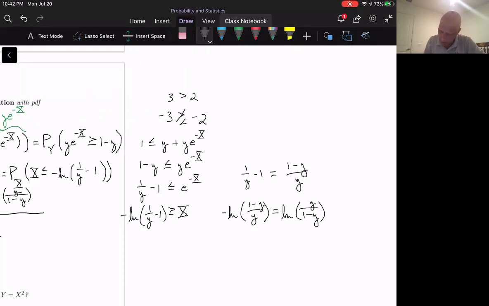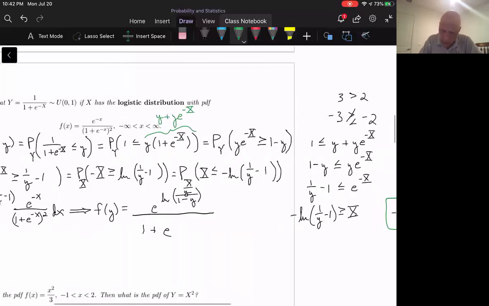Let's keep it as this form here. And that's because you have e to the negative x. So when we substitute this in, the negative signs cancel, and you just get e to that natural log. So that is one minus y over y.